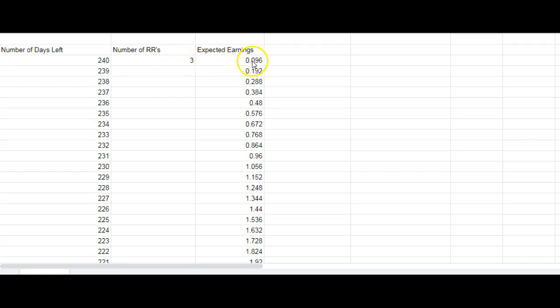At that point, this is what your daily earnings are going to be, and that is your own ad clicks plus the amount that you'll earn of commission from your 3 rented referrals. Now just remember that the amount you're going to get from your rented referrals does vary. So it's not exact, but it's a good estimate.